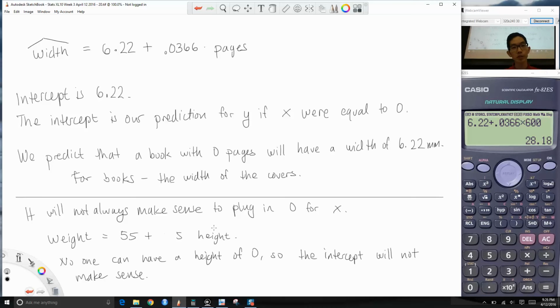But in certain cases, when it does make sense to plug in 0 for x, that's what the intercept would be. It's our prediction for y if x were 0.